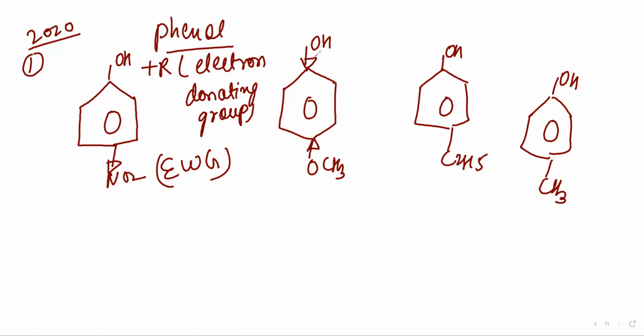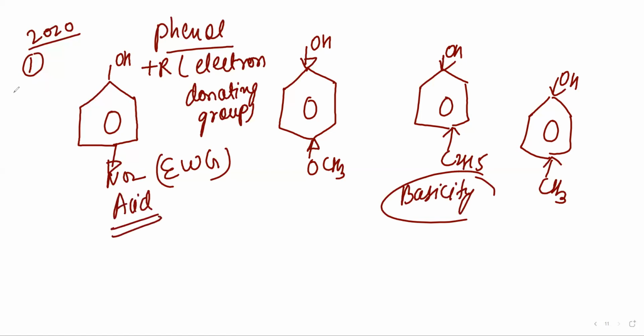Those that are donating increase the basicity, and those that take out the electrons increase the acidity. So the first will be the strongest acid. So this will be the answer.